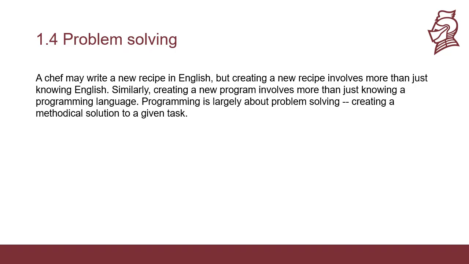So we talked about how computers are put together in a general way. We talked about programming languages in a general way. But we're going to start learning Java, which is an object-oriented programming language, in a bit. But what does this all come down to? We've got all of these languages and so forth.